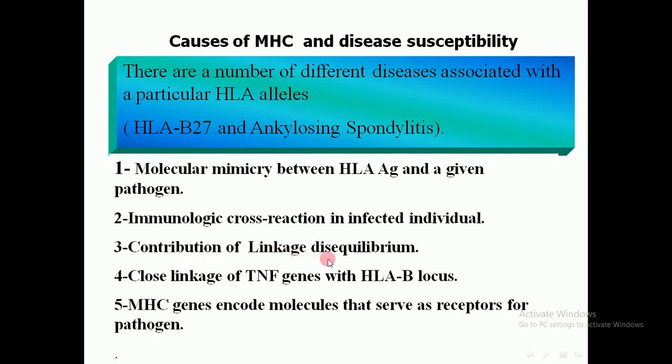Third, contribution of linkage disequilibrium, linkage between HLA A, B, C with DR, DQ. Close linkage of the tumor necrosis factor gene with the HLA-B locus. The tumor necrosis factor gene is present in class 3, which is close to the class 2 MHC. Another reason, MHC genes encode molecules that serve as receptors for the pathogen.